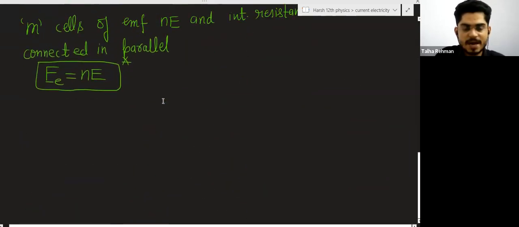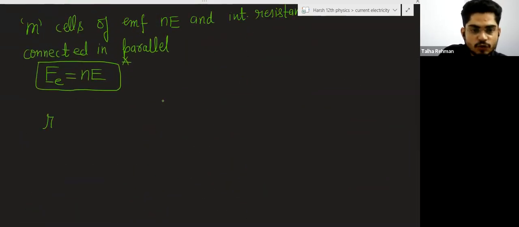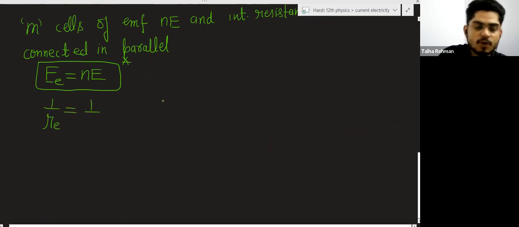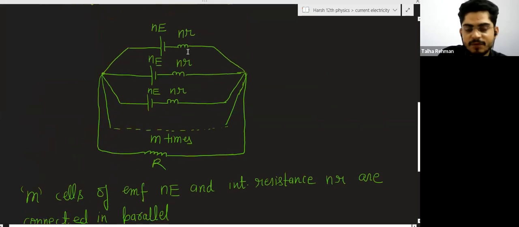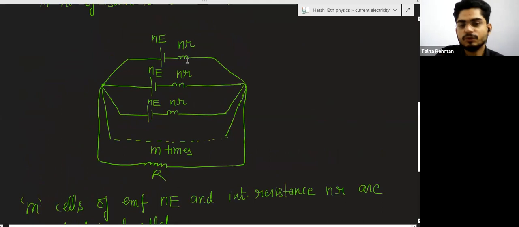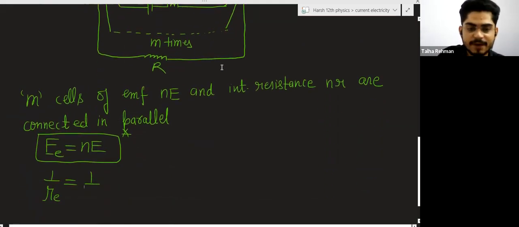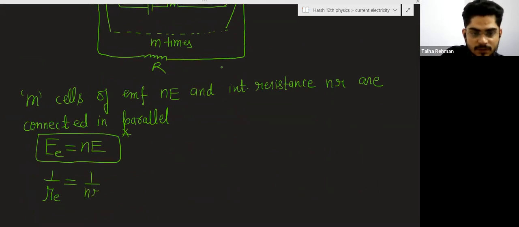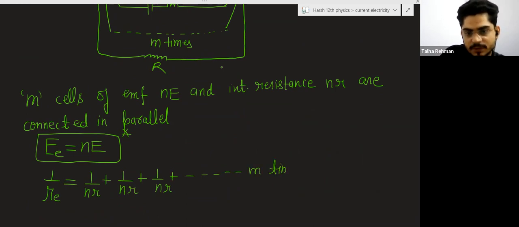If you want to find R equivalent, you will write 1 upon nr plus 1 upon nr plus 1 upon nr, and you will add this m times.